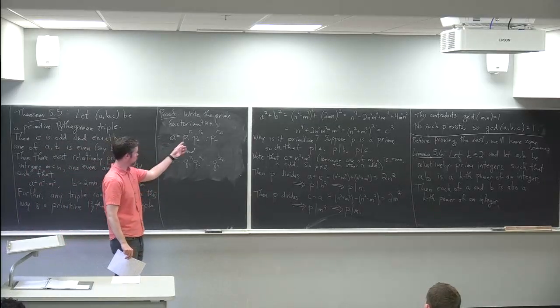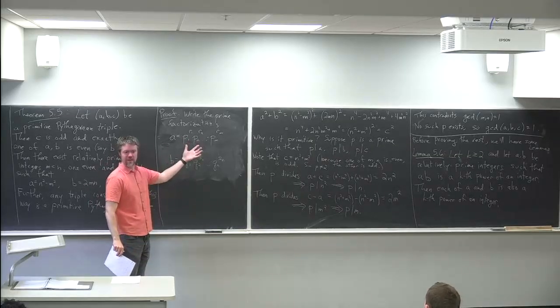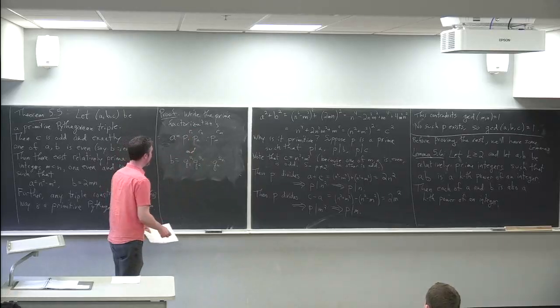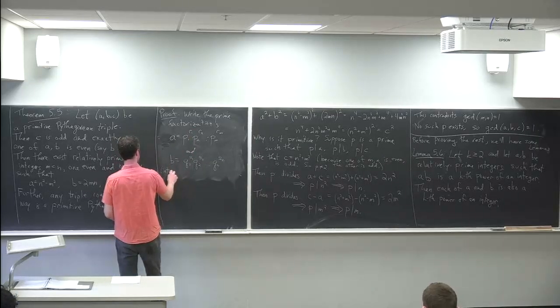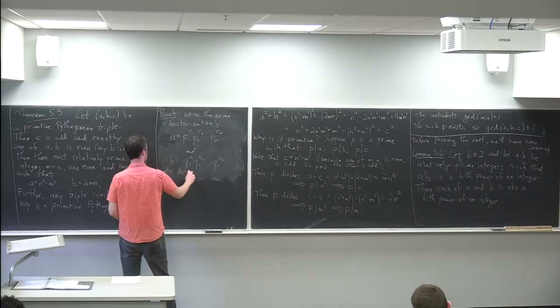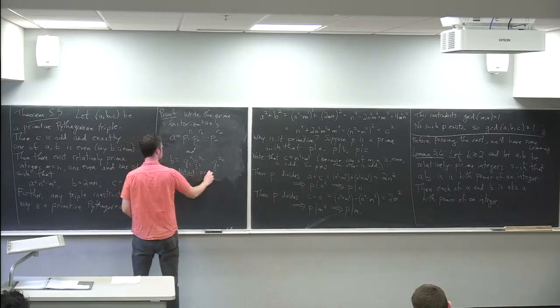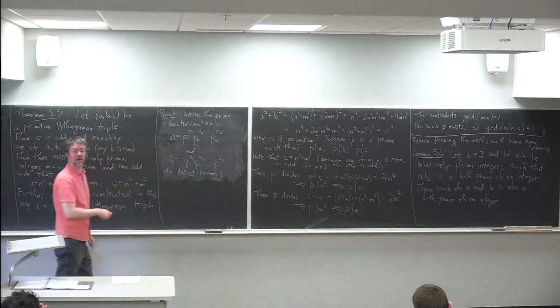So P1 and P2 are not the same prime, because if they were, I would lump them all together into one single thing with one exponent. So these are into distinct primes. That's what's meant by that.